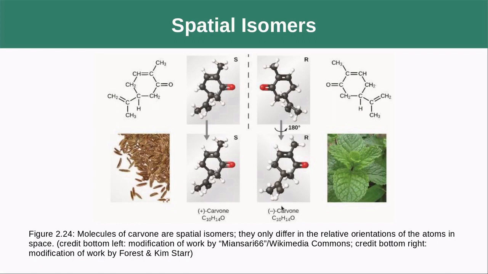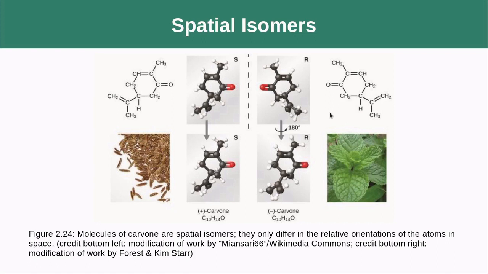Spatial isomers. So this one's a little tricky. In this case, we have the same kind of atoms. They are, for the most part, arranged exactly the same way, except they're actually mirror images of each other. You could think of this like how your left hand is very similar to your right hand, but they're not superimposable. They're not the same thing.